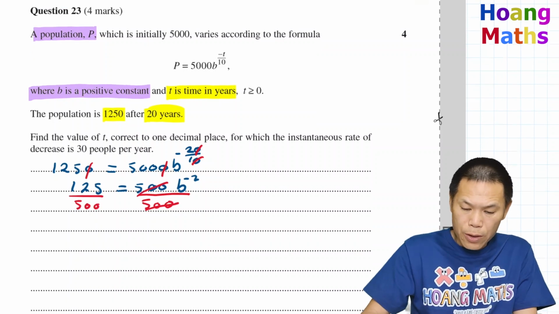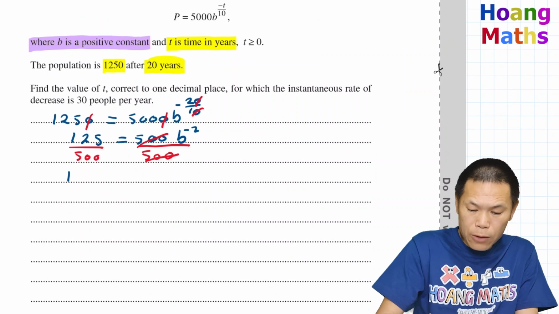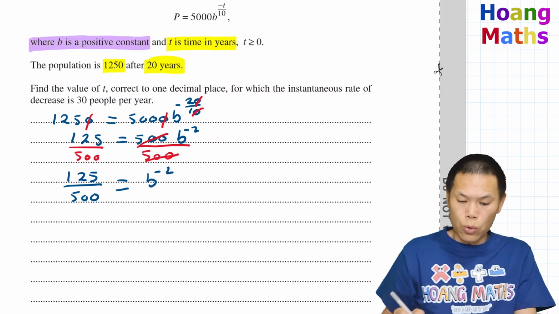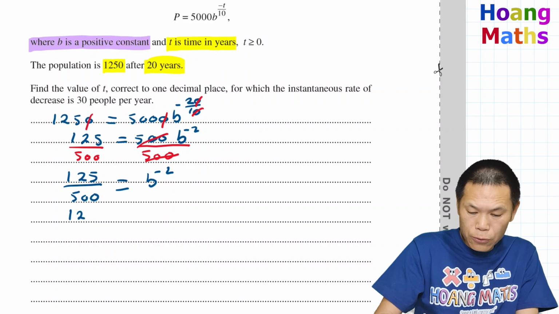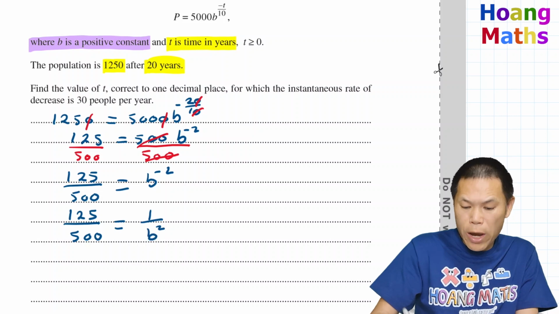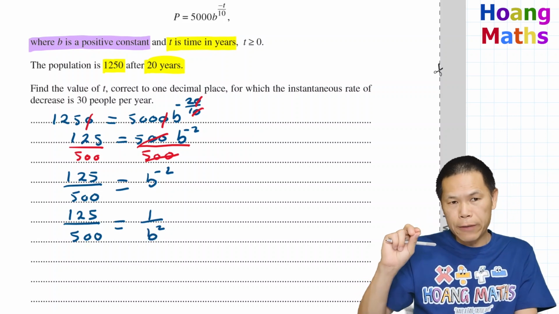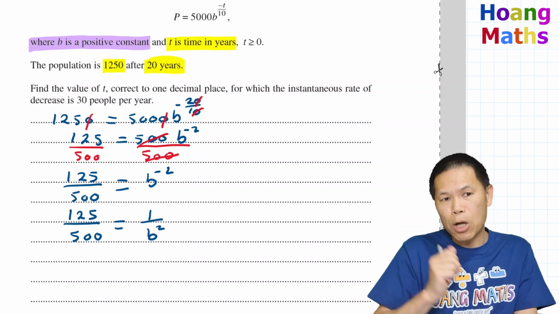So now this becomes 125 over 500 is B to the negative 2. So this is exactly the same as 125 over 500 equals 1 over B squared, because I just bring the negative index down and it becomes a positive index.